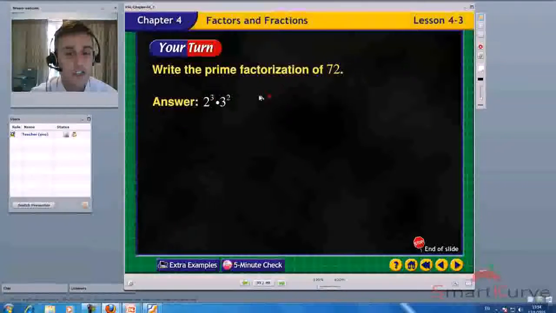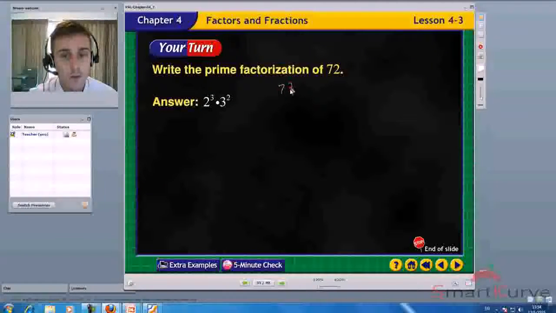Write the prime factorization of 72. We'll have 72. We can have 9 and 8. 9 times 8 is 72. From 9 we can have 3 times 3.